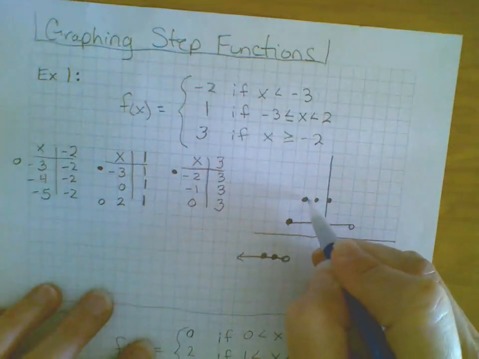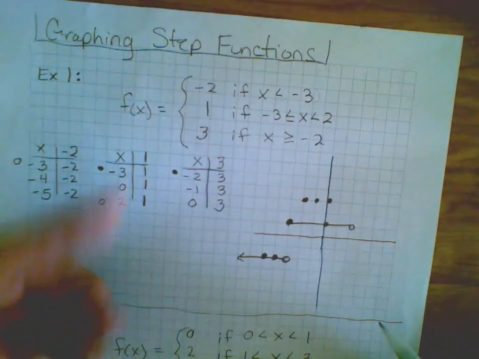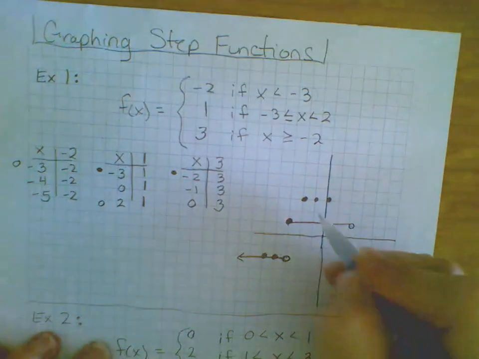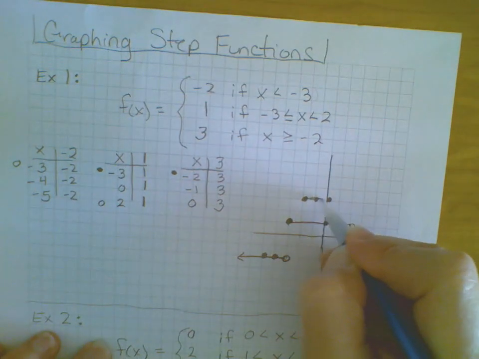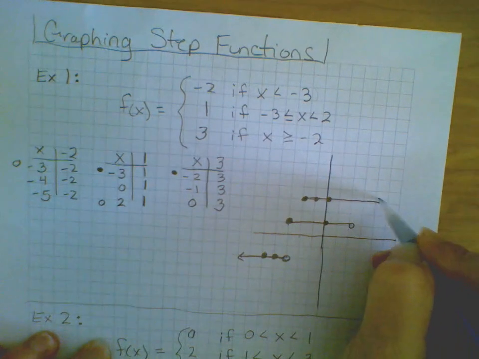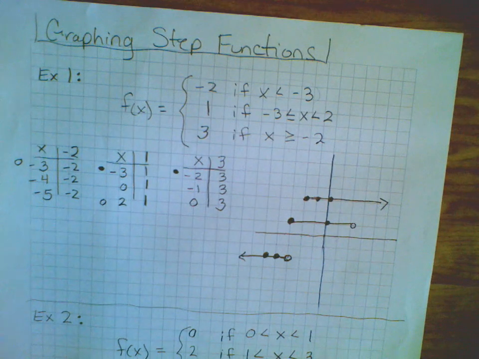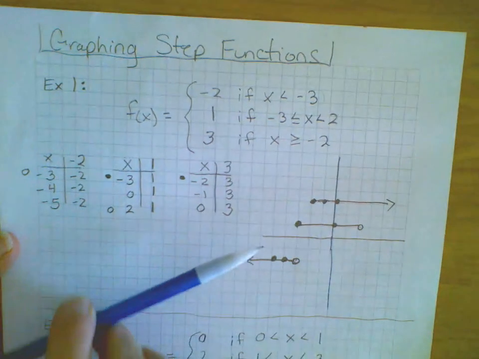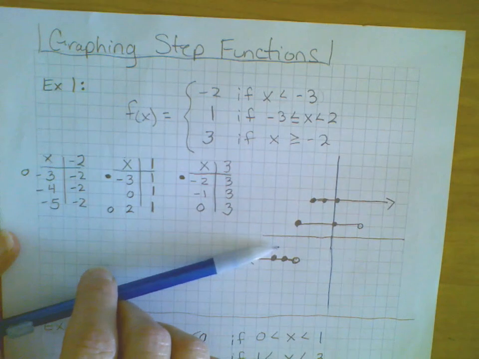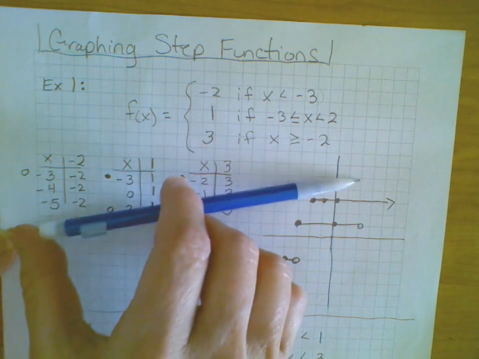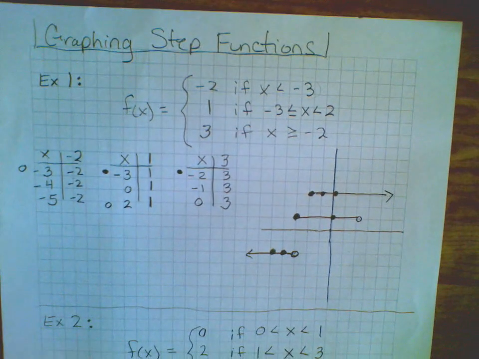So this one is just going to keep going, like I could keep going greater than negative 2. That's going to go out this way. And what does that look like? It looks like a series of steps going up. 1, 2, 3. Hence the step function.